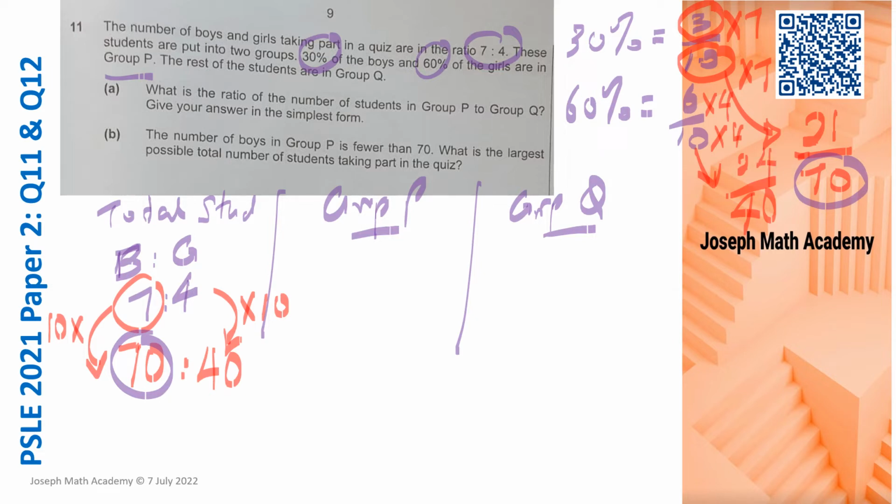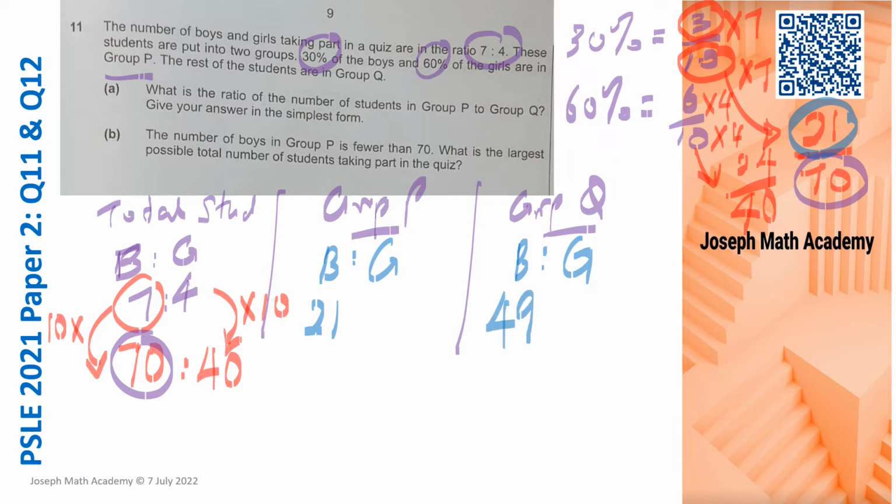Alright, okay, now with this new information, it's equivalent, I can plug in over here for group P and for group Q. Now for group P, we know that 21 units of boys belongs to group P. Alright, that means here should be 49.